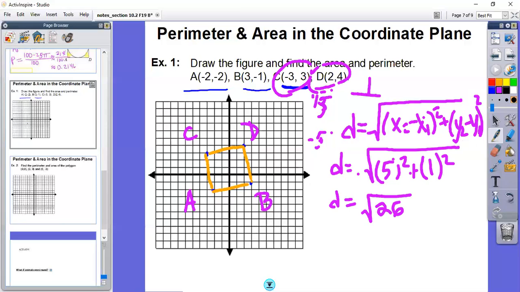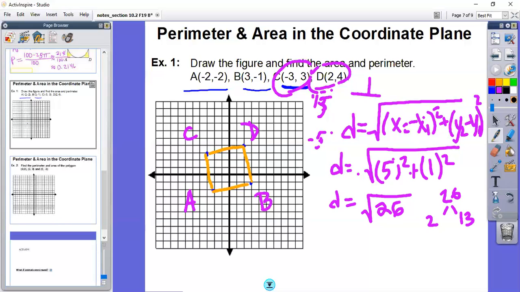And we could do a factor tree on 26 in order to see if we can break that down. However, I get 2 and 13, and so there's not any perfect squares in there as far as factors go. So our distance for those lengths is square root 26, and between AC and BD, it's also the same.